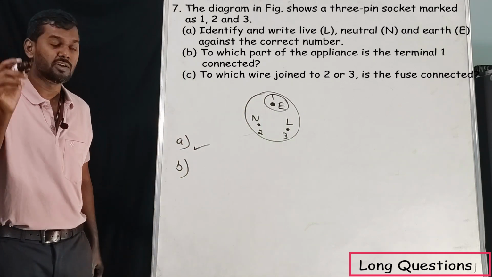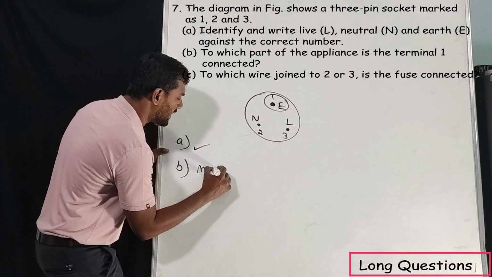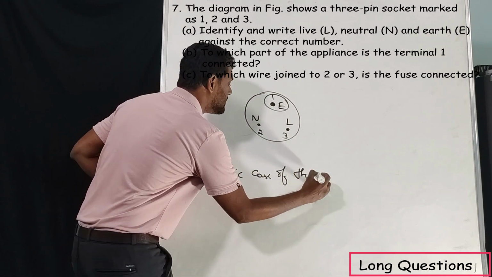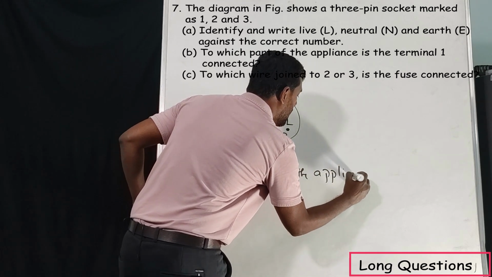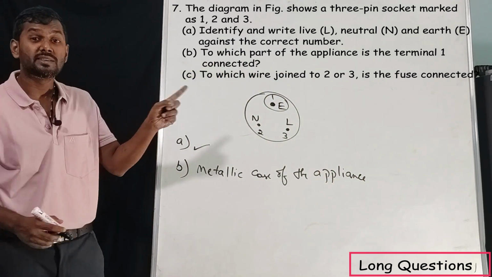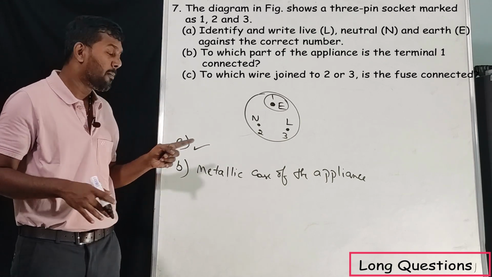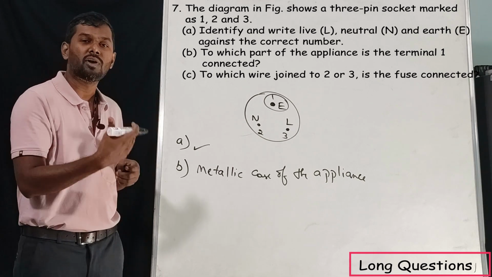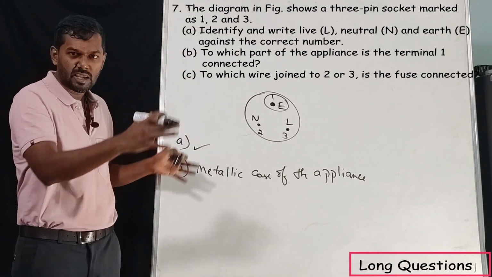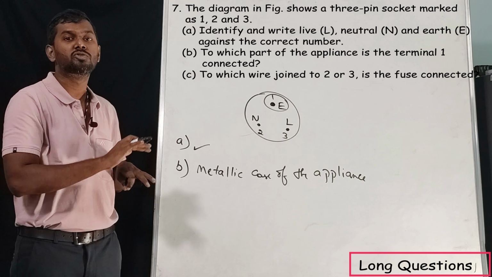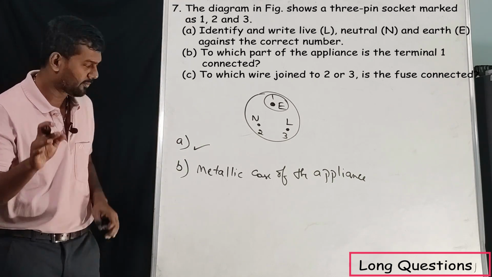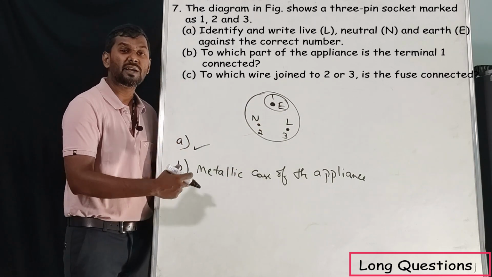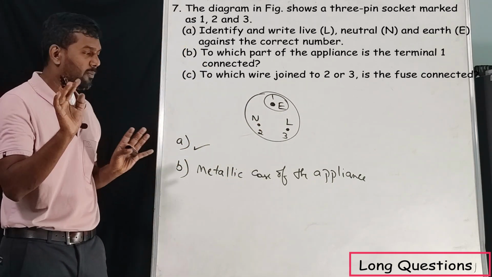Earthing connection is always given to the metallic case of the appliances, so that when you touch it, you should not get shock even though it is faulty. That is the main reason. The earthing connection is always given to the metallic outer case of the appliances.